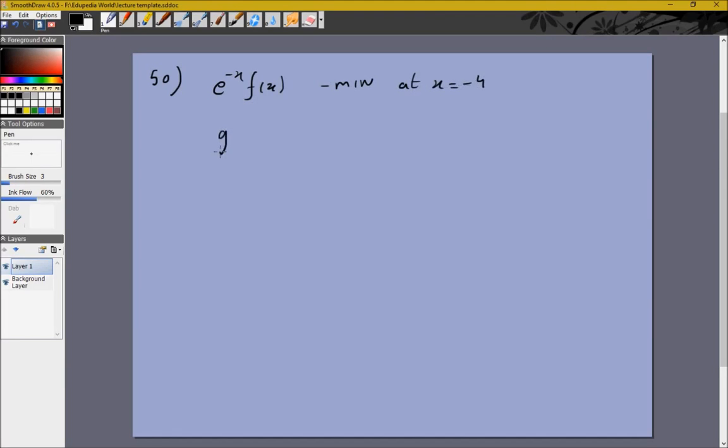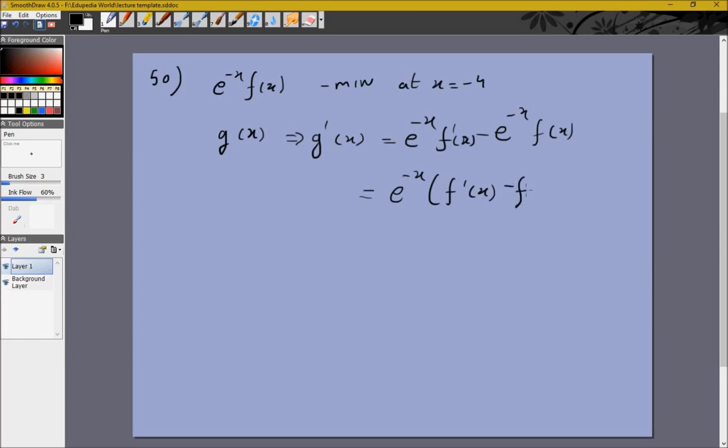Let's take this function to be g(x), which we just did. g'(x) is equal to e to the power minus x f'(x) minus e to the power minus x f(x), which is equal to e to the power minus x times f'(x) minus f(x). And this is equal to 0 at x equal to 1 by 4.